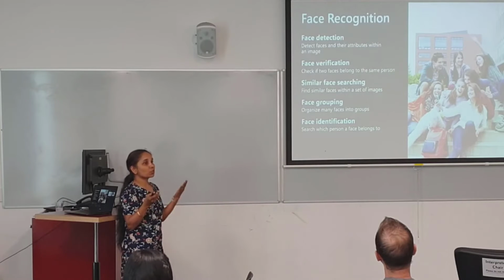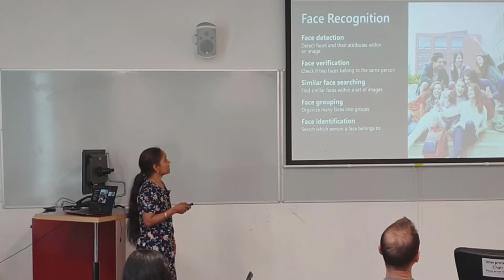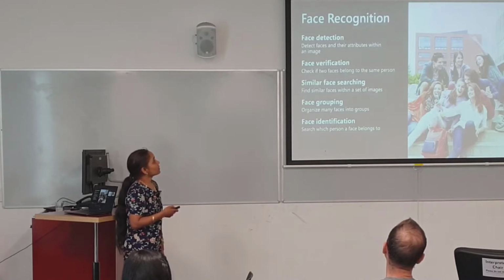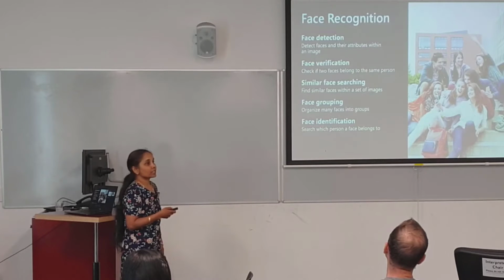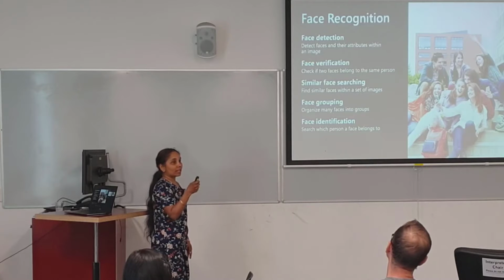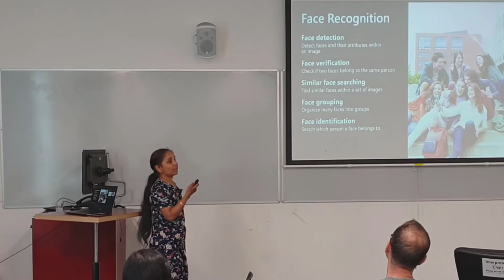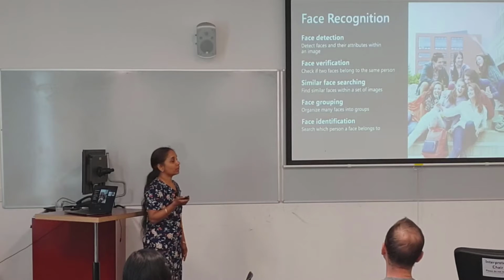Face verification: if there are two similar faces, it verifies and says that they are similar. There is also grouping and face identification. Sometimes on Facebook you see, shall I tag this with, and then it suggests the name. That's the face identification part of the API.